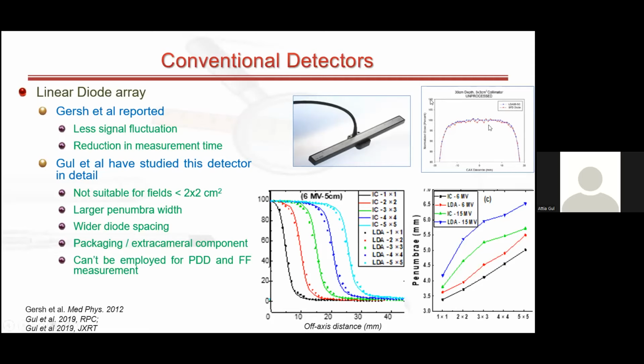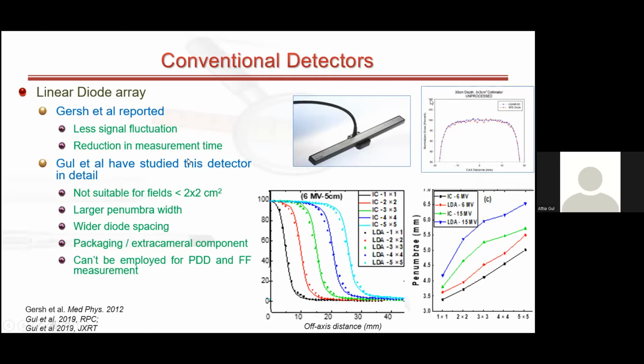So these point detectors give signal fluctuation, but this array shows less signal fluctuation. Also, it gives a significant reduction in measurement time, again because it measures at once and does not need to move from point to point to measure a complete beam profile.